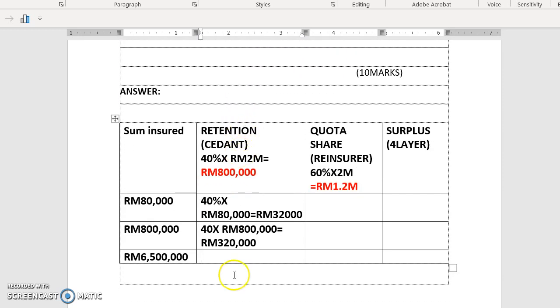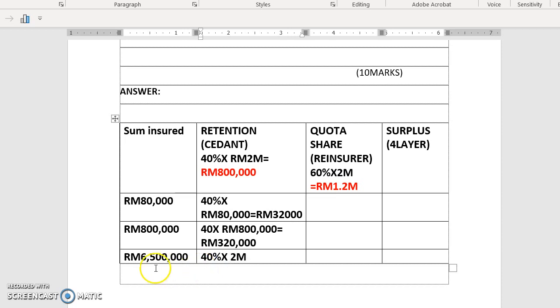So the 6.5 million is more than the maximum amount, so the amount that will be paid by the retention is only based on the maximum limit, which is 2 million. So we have to times 40% with only 2 million.